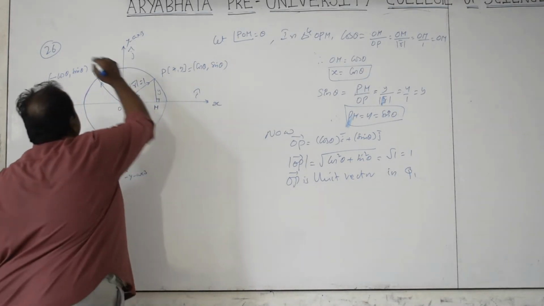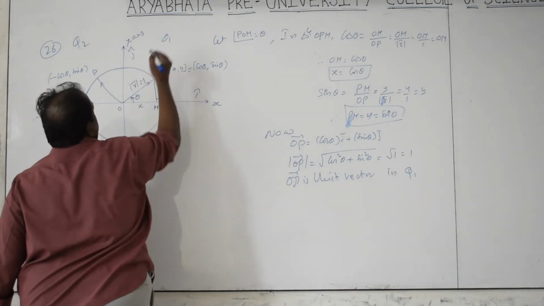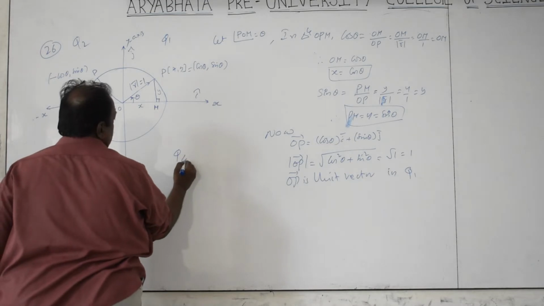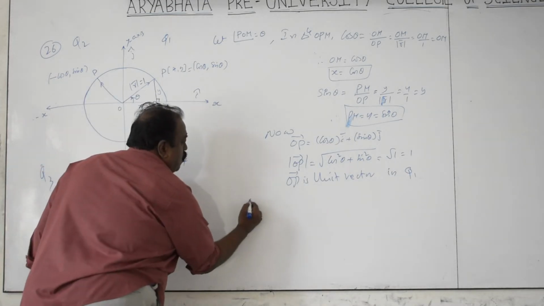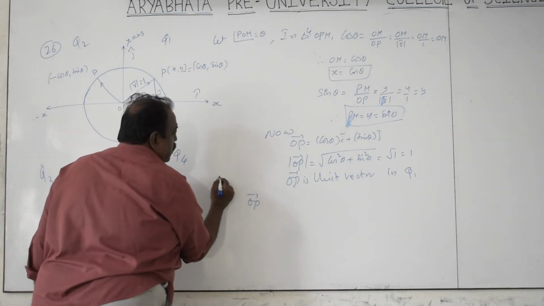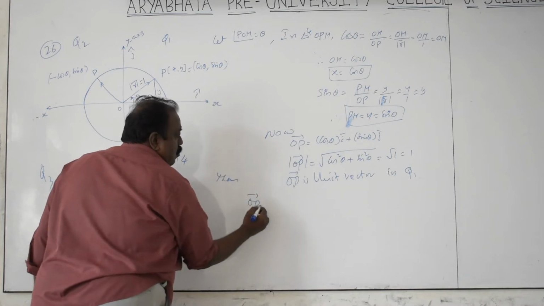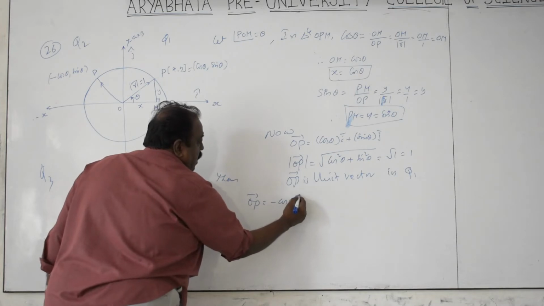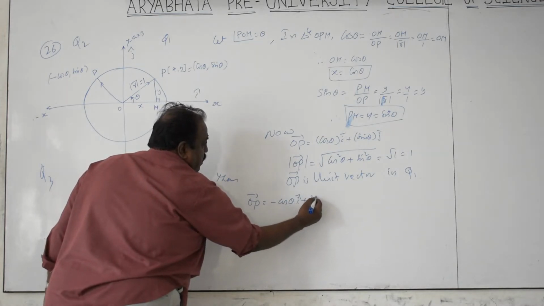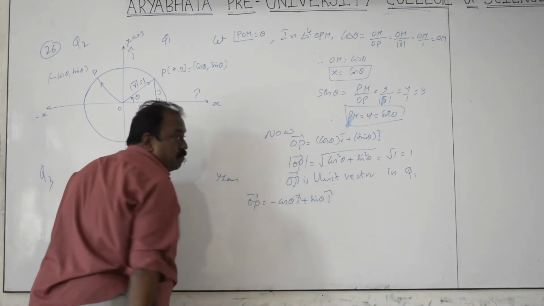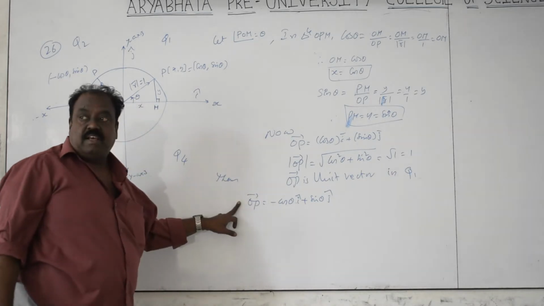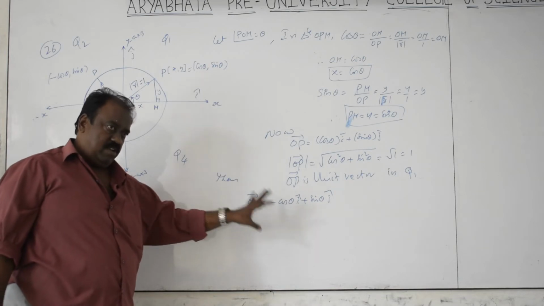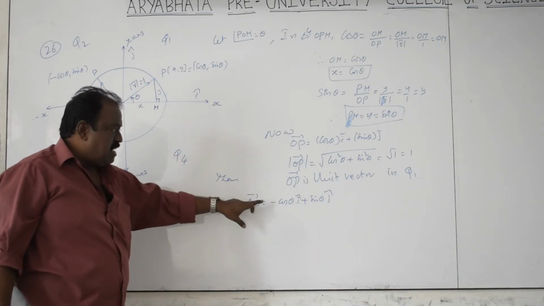Because this is Q2, this is Q1, Q3 and Q4. So OP bar is minus cos theta I cap plus sin theta j cap. Here also the modulus of OP bar is root of cos square theta plus sin square theta, which gives 1. It is also a unit vector, but a different one.